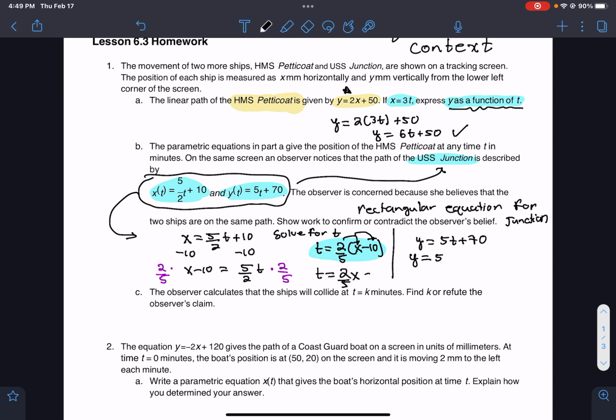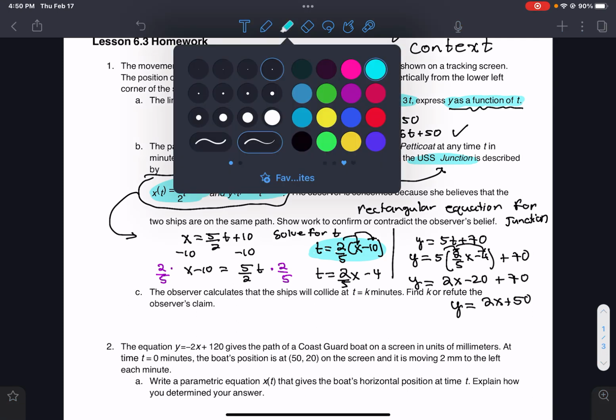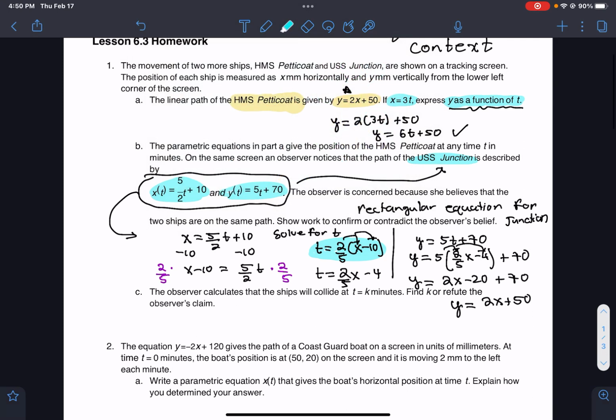And then we get 4. So now for t, I'm going to write 2/5 x minus 4 plus 70. I'm going to distribute, and I get y equals 2x minus 20 plus 70, which is y equals 2x plus 50. Man, this is really weird.